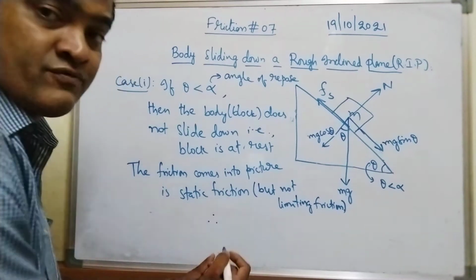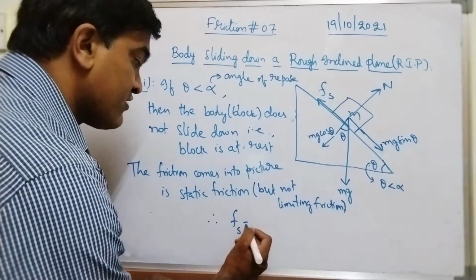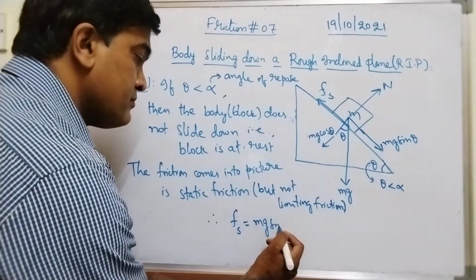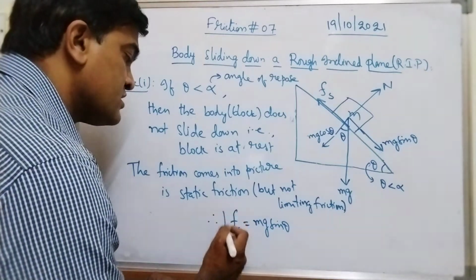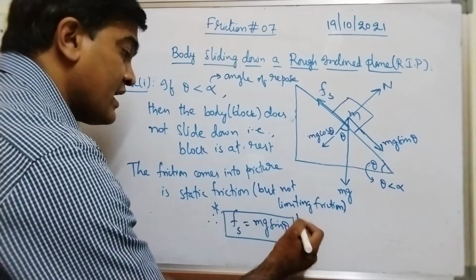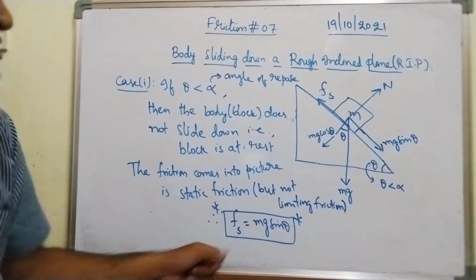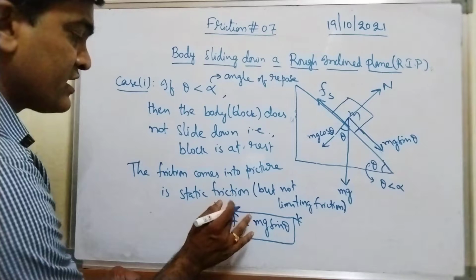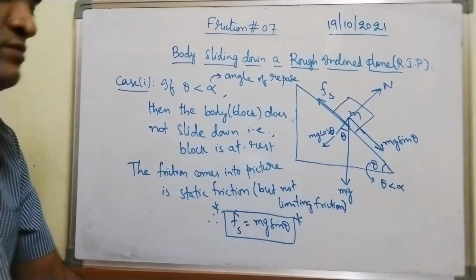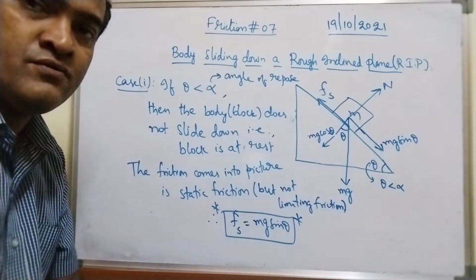So don't write Fl here, you have to write Fs. If the angle of inclination is less than the angle of repose, then the static frictional force is equal to mg sin theta.